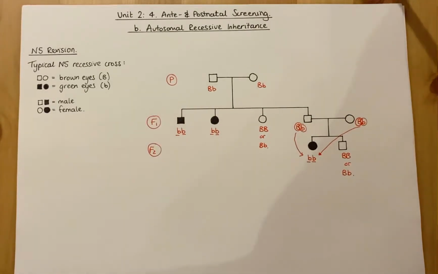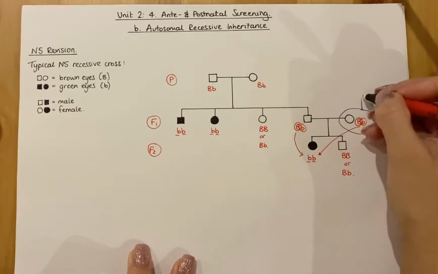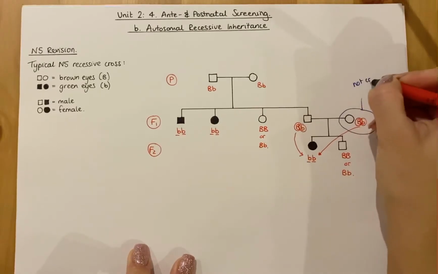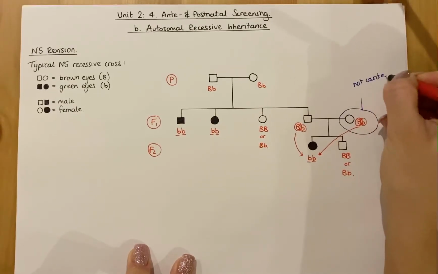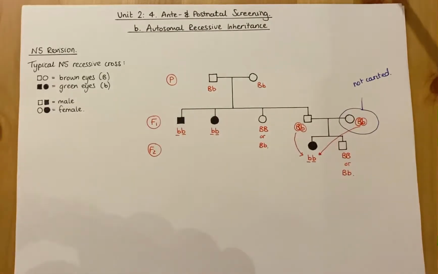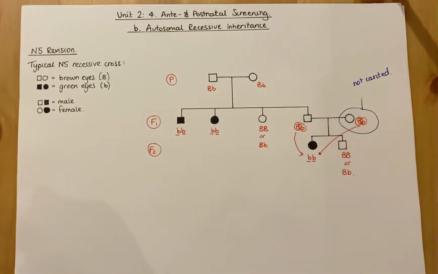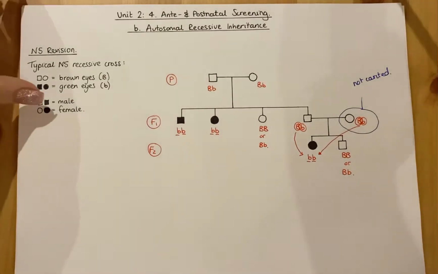As a reminder from National 5 as well, if you were asked to identify people from the F1, this person does not count as an F1 member because they are not related to the parents by blood. Okay, they've married into that, or they're related in by having children. So you wouldn't count these as an F1 member, they would be separate. Okay, so that's your National 5 revision.